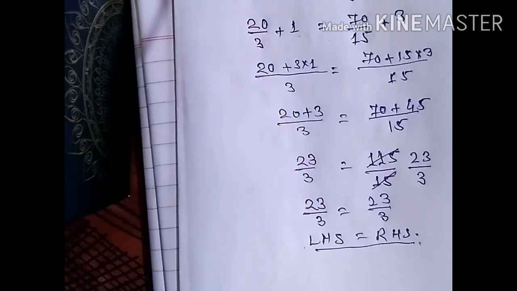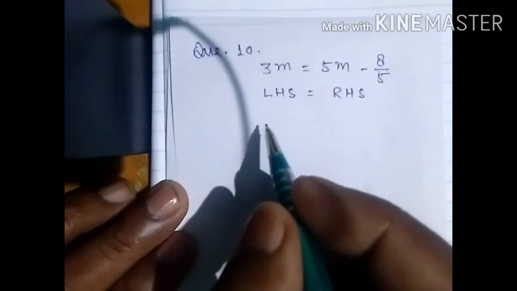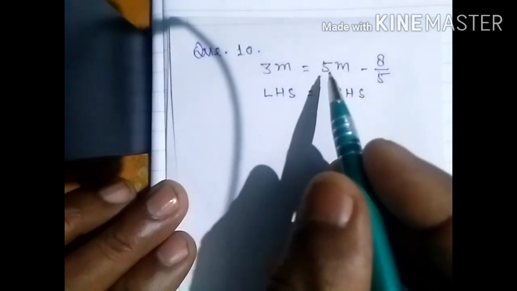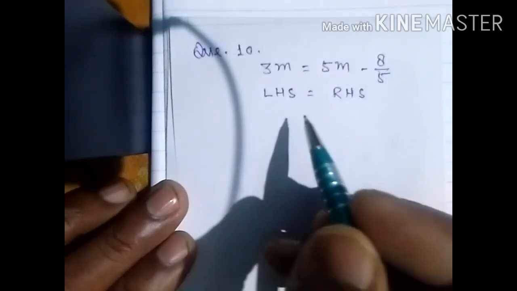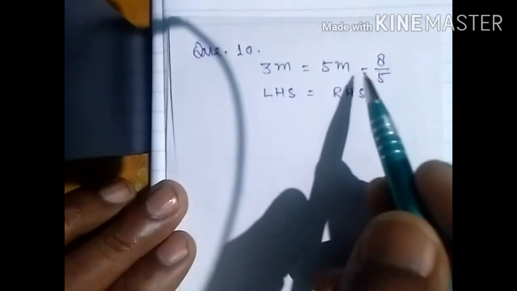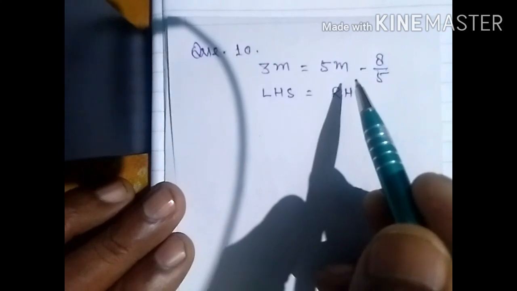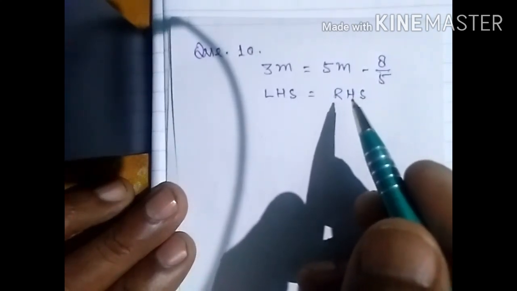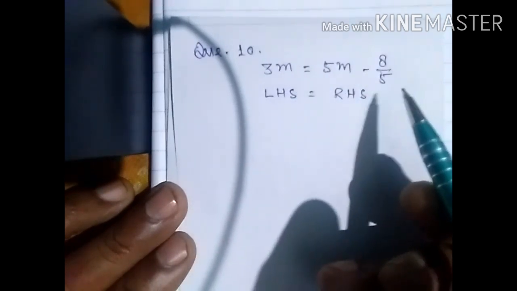Now we have to solve question number 10. This is question number 10, students, and in this question it is 3m is equal to 5m minus 8 by 5. This one is left hand side of the equation and this one is right hand side of the equation. In this, student, first of all we have to take the variable one side of the equation and the numbers another side of the equation.